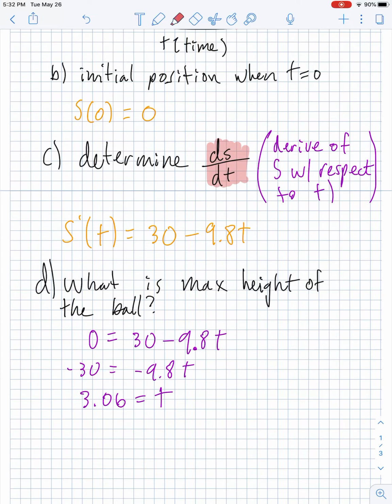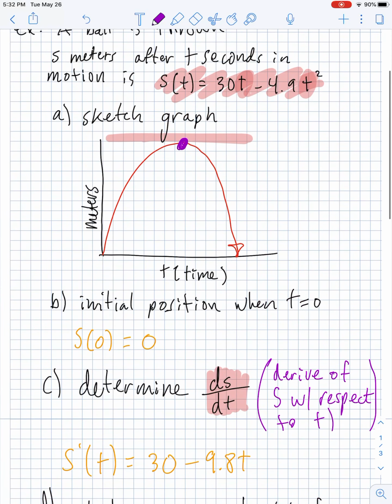This is the time to reach max height. That is not the maximum height. The maximum height is the y value that's associated with that, whatever that hits on the y-axis.